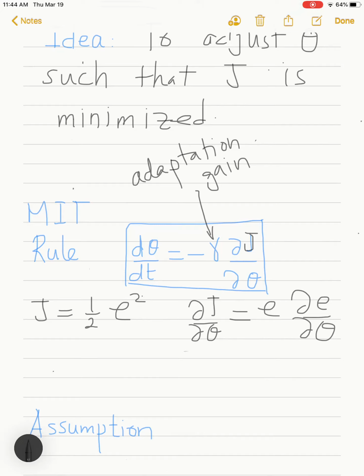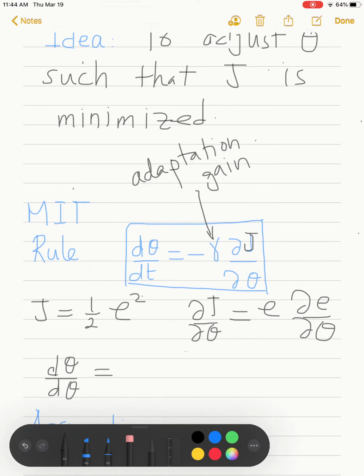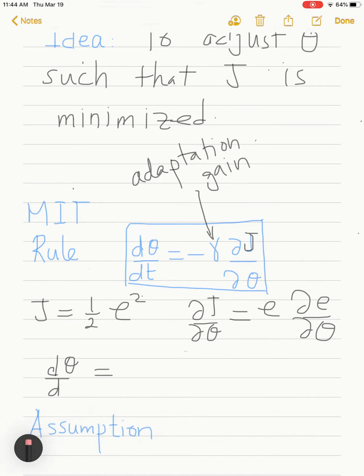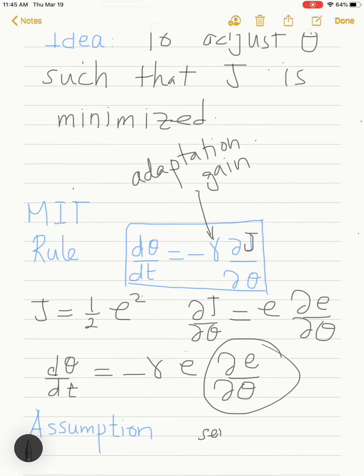That's why we can write the MIT rule as d theta by dt equals minus gamma times e times partial e partial theta, and this derivative is called the sensitivity derivative.